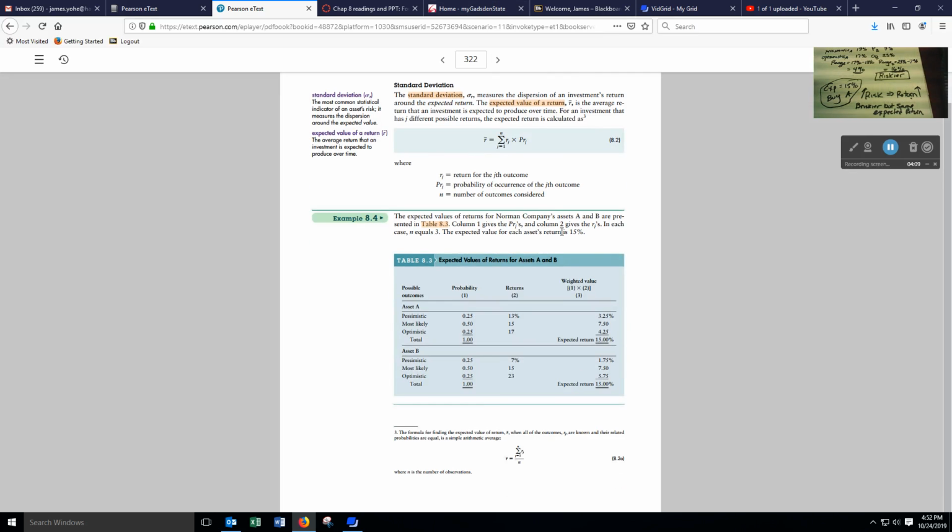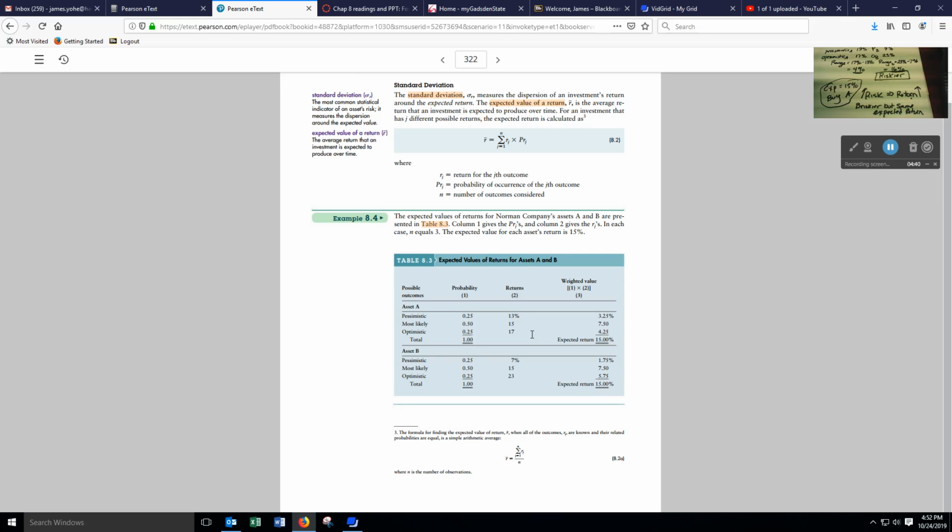So we're going back to Norman Company, and they're looking at assets A and B. Column 1 gives the probability of each event, the pessimistic, the most likely, and the optimistic, and you can see those here. This is for asset A, that's for asset B. Then we have the returns for the pessimistic, the most likely, and the optimistic.